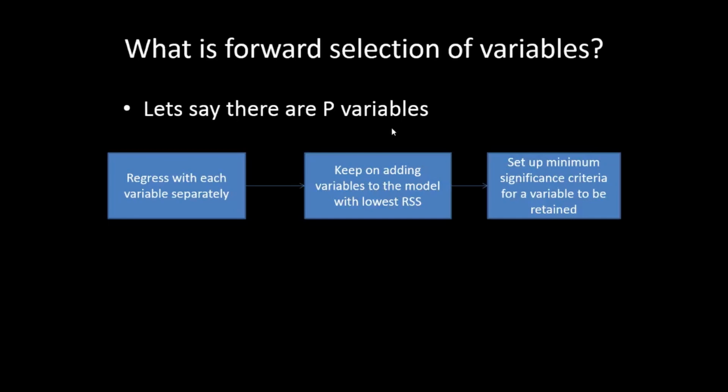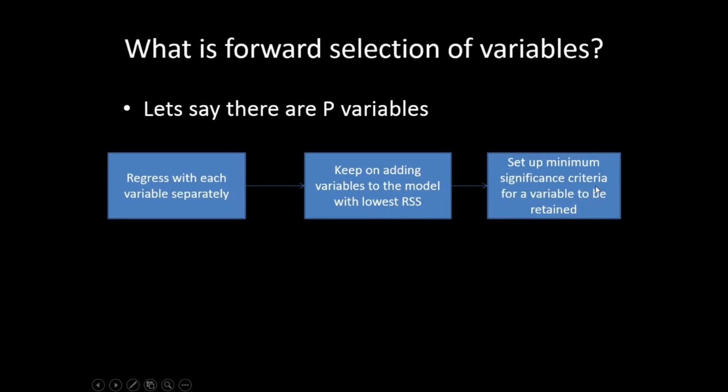And we also see the significance level. So we keep adding variables to the model with the lowest residual sum of squares, then the next lowest, and so on. And then we set up the minimum significance criteria.